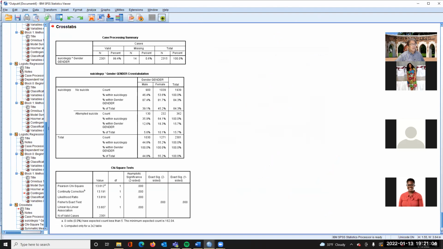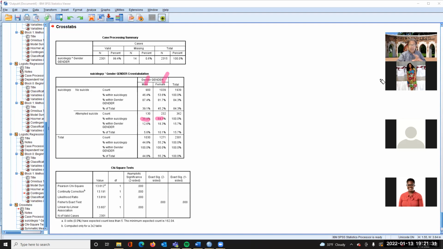Here is your cross tab. You have male, female. So clearly you have a larger proportion of female who attempt suicide.